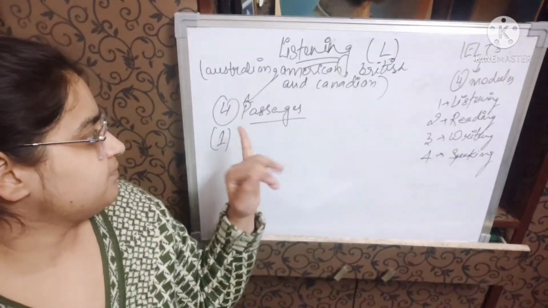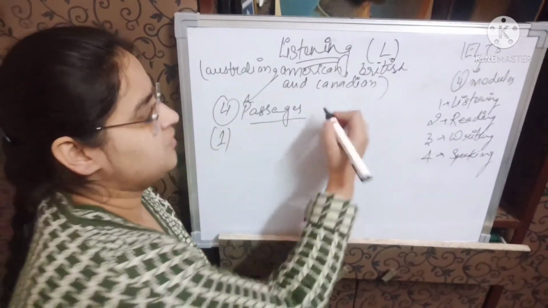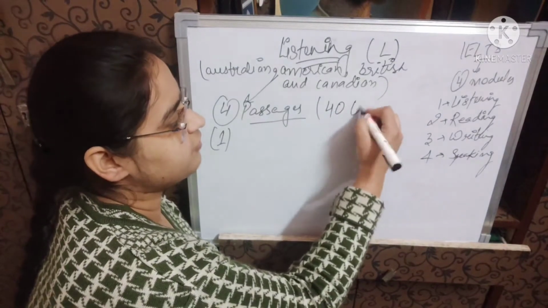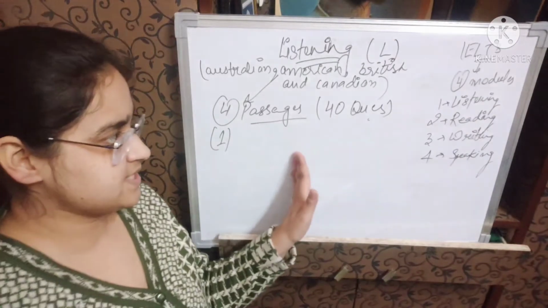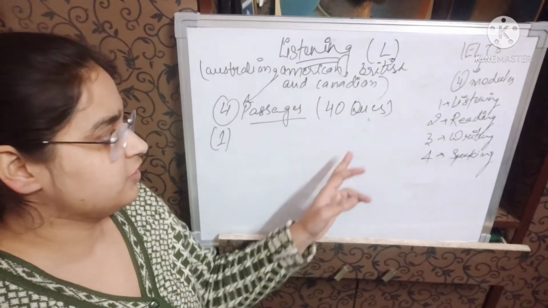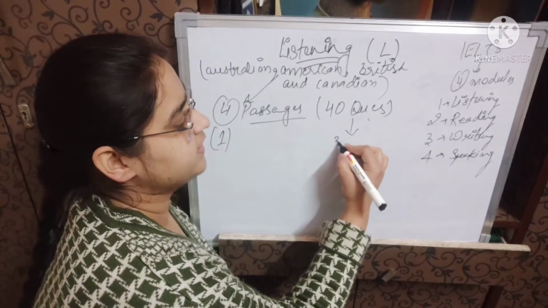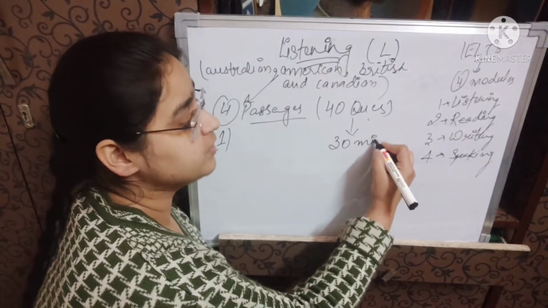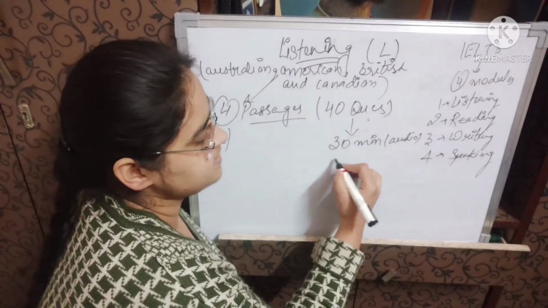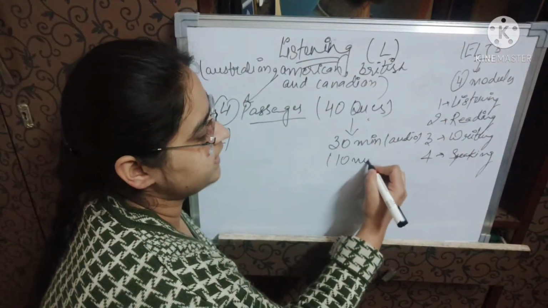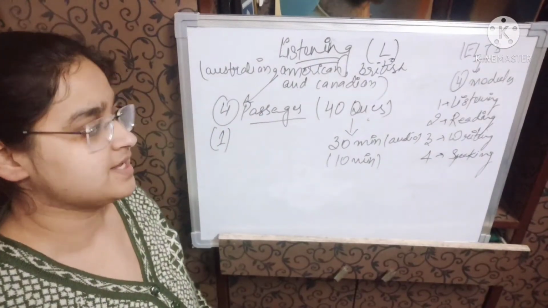So now the listening consists of four passages, and the four passages consist of 40 questions. The listening audio of 30 minutes will be played, and 10 minutes of extra time will be given to transfer your answers to your final answer sheet.